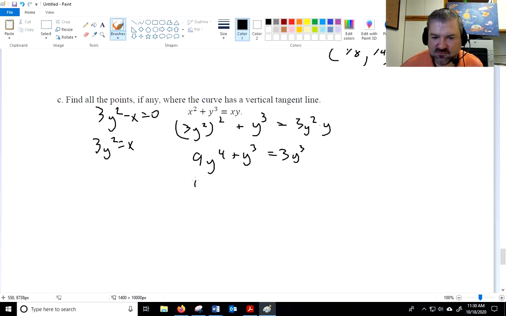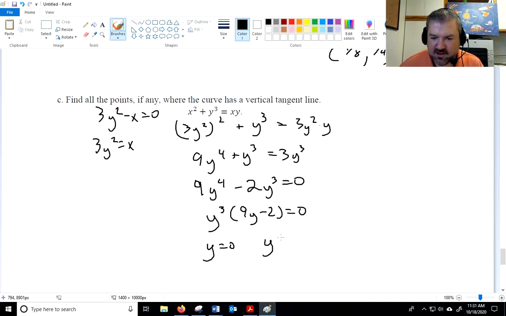I'll subtract over the y cubed, so I end up with negative 2y cubed equals 0. And I'll factor out a y cubed, and I get 9y minus 2 equals 0. So I have y equals 0, and I have y equals 2/9.